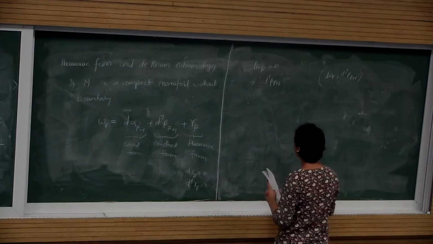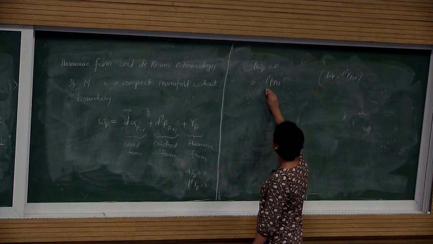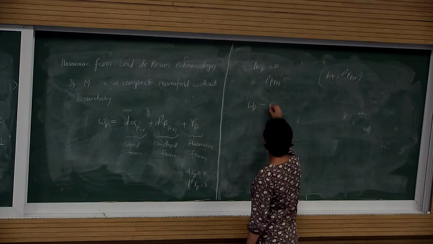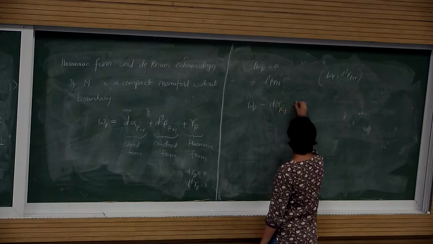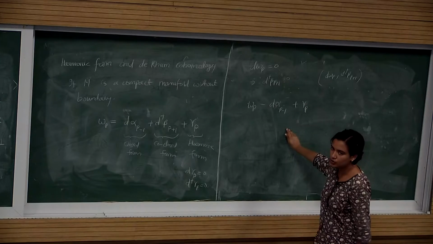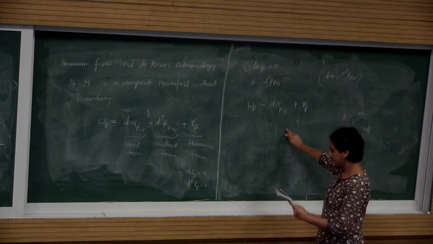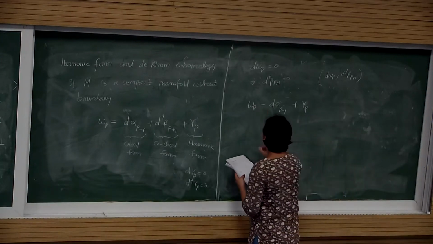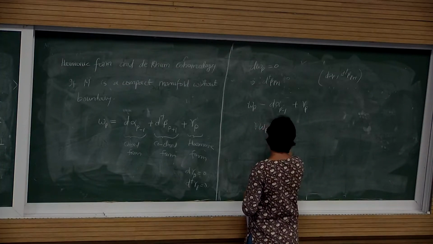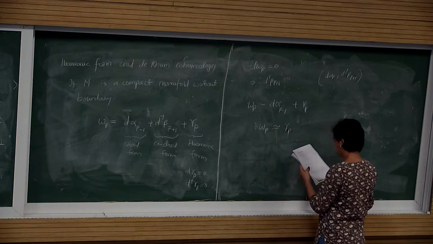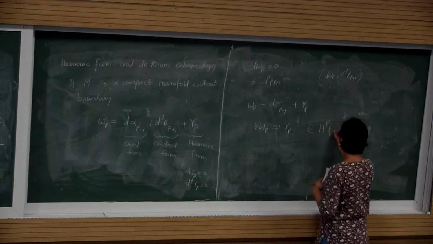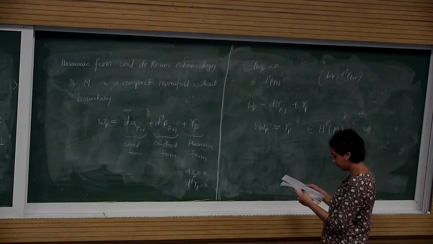And given that this implies that d dagger beta p plus 1 is 0, we can write omega p as d of alpha p minus 1 plus gamma p. But this is again the definition of the cohomology equivalence classes. So that means that basically omega p is equivalent to gamma p, or maybe they belong to the same cohomology class, Hp of M.